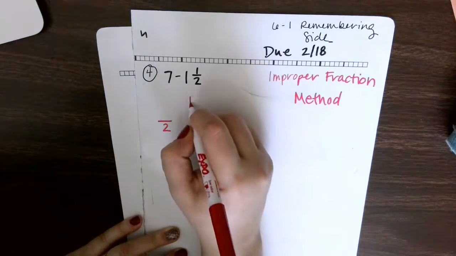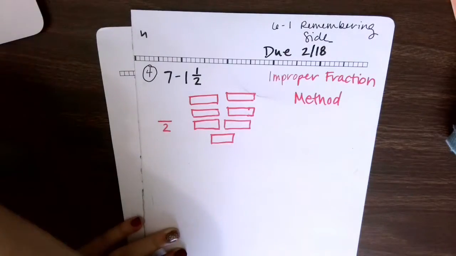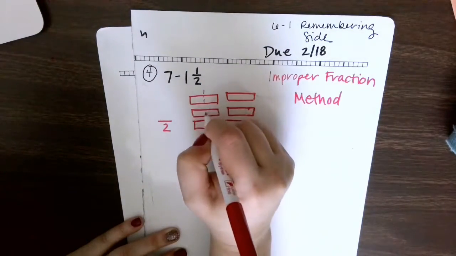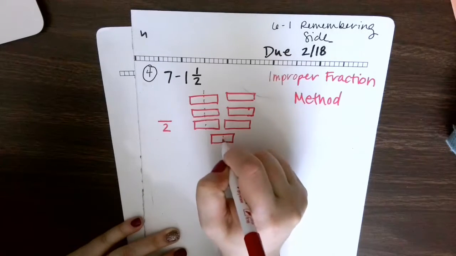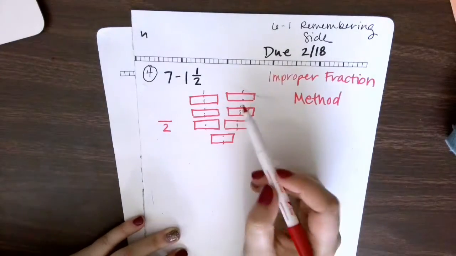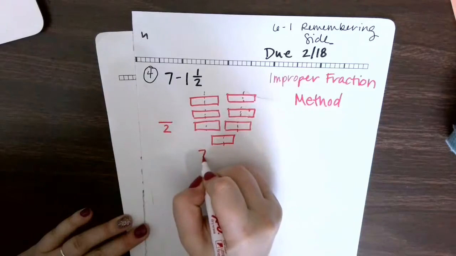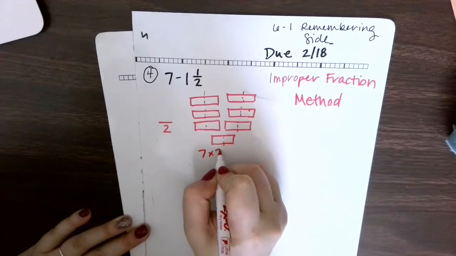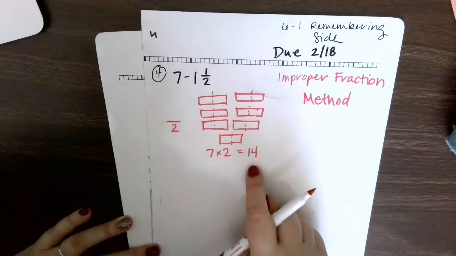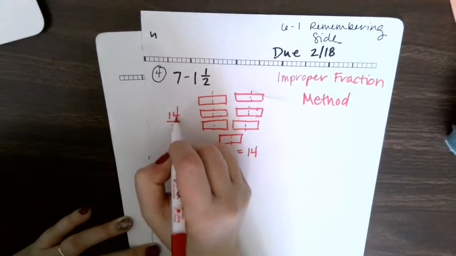I'm doing this because if I had 7 wholes, like that, and I cut each one in half, like so, I'm essentially doubling the number of pieces I have. So I'm going 7, cutting each into 2, equals 14. This is my new numerator to describe 7 as a whole number in the language of 2's.